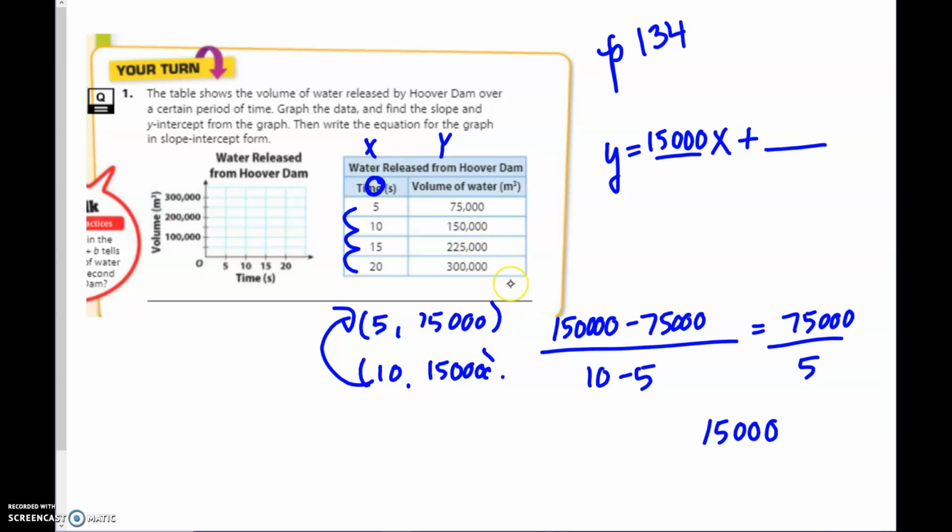So it looks like here that they are subtracting, so 75,000 to 150,000, they are subtracting 75,000. So it looks like it's going to be at 0, 0. Well, we could say that the y-intercept is 0, or we could just write y equals 15,000 x, because not writing a number there makes us know that the y-intercept is 0.